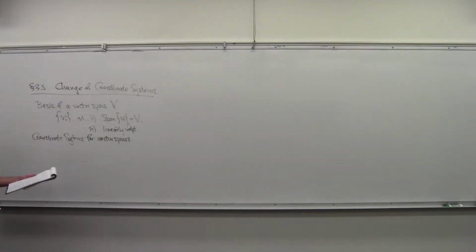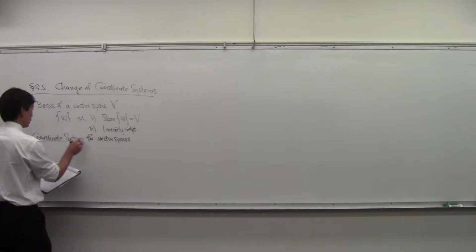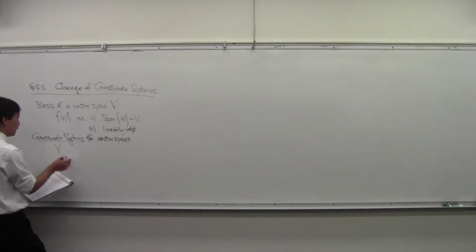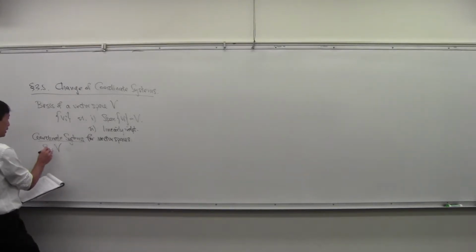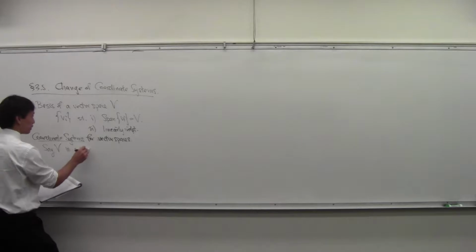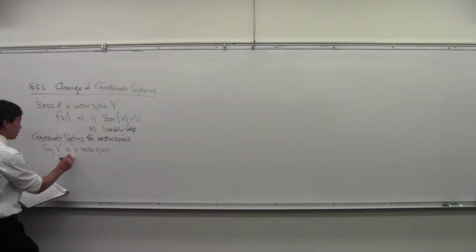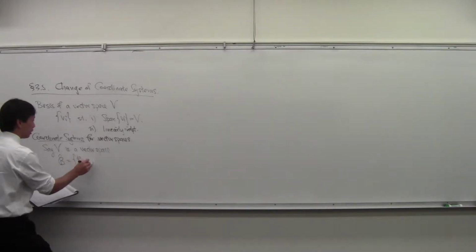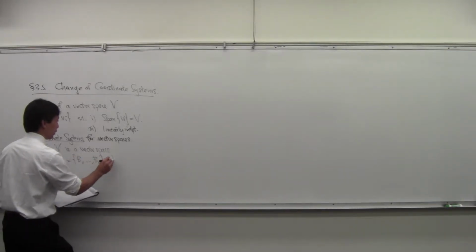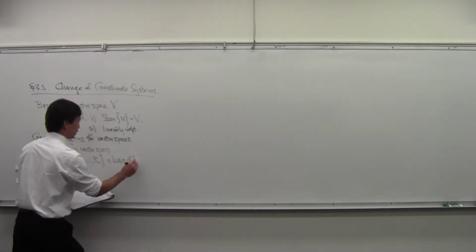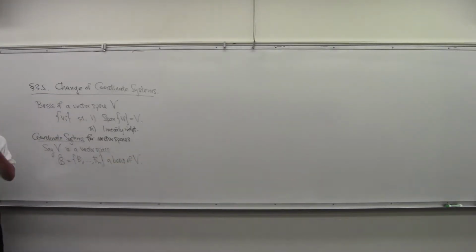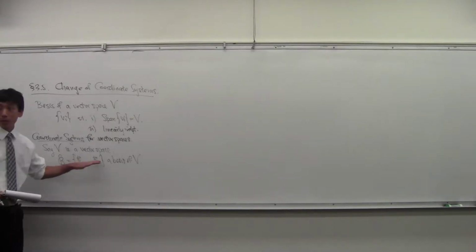So what you do is you say, suppose V is a vector space, and you have a basis B1 to Bn, a basis of that vector space V. This is a fancy looking B, in case you don't recognize it. So you've got a vector space and you've got a basis.